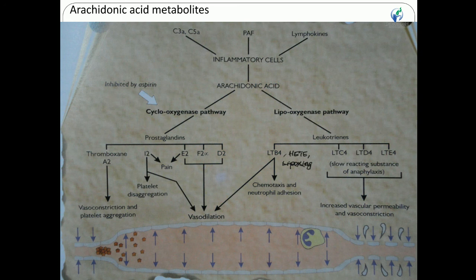The next factor we can consider is platelet activating factor, right? Platelet activating factor is again a kind of cell mediator. In the case of cytokines, we can include interleukins, right? Cytokines or interleukins are basically polypeptides produced by activated lymphocytes, or we can call them lymphokines.